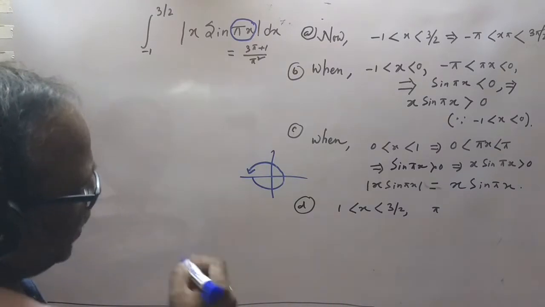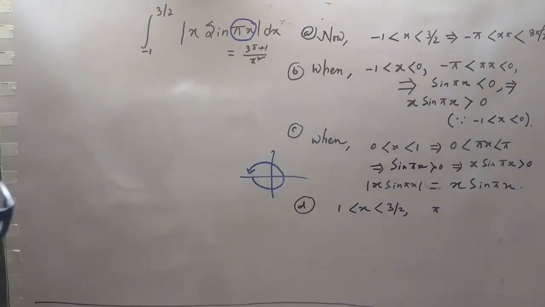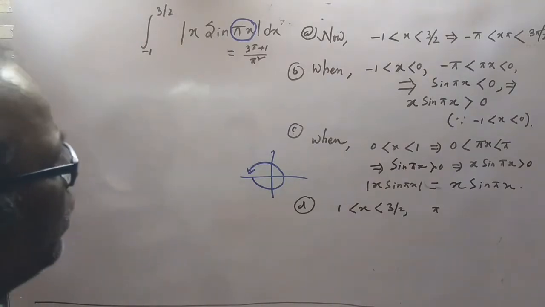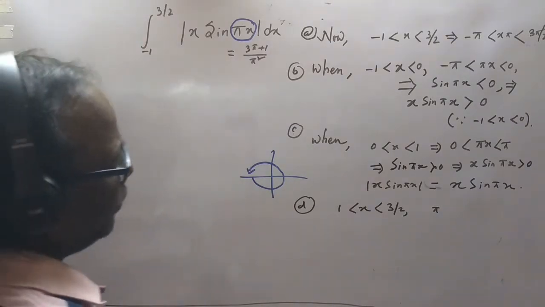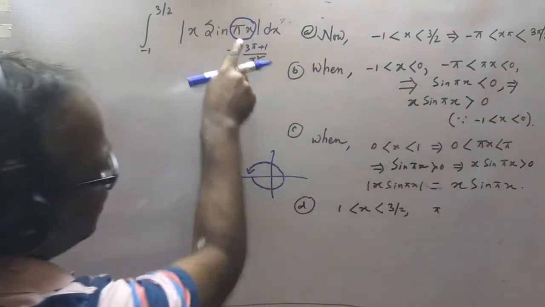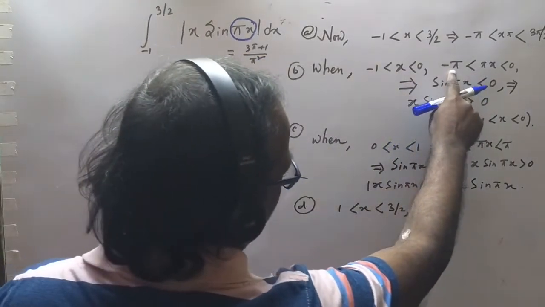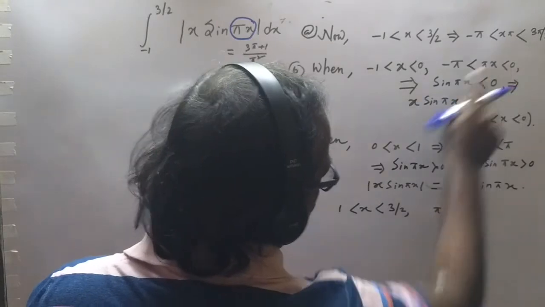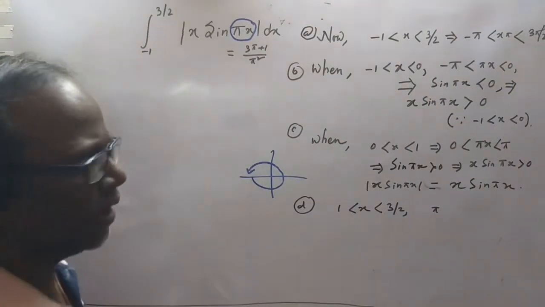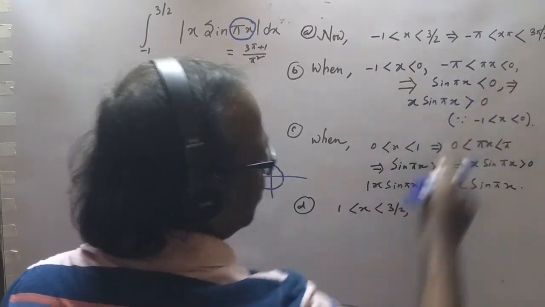So in that interval, what is the value of the mod of x sin pi x? If we take -1 to 0 and multiply by pi x, then it is -pi to 0. So you know, in -pi to 0, the value of sin pi x is always less than 0 in this domain.